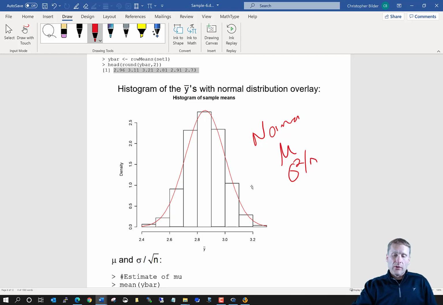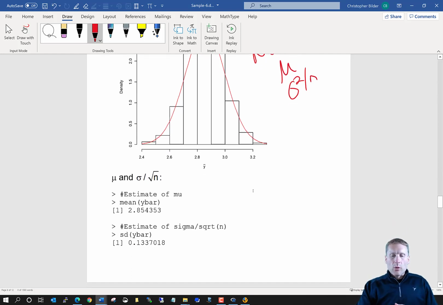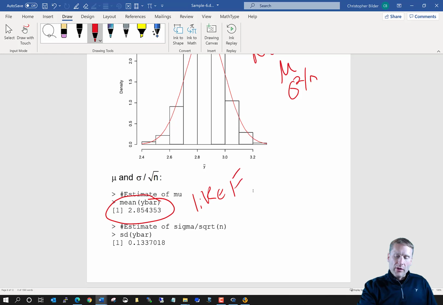A really cool result. Well, what would be the mean of all those y bars? This is like actually computing the expected value of y bar. And I get 2.85. Remember, again, mu was 2.86 essentially.